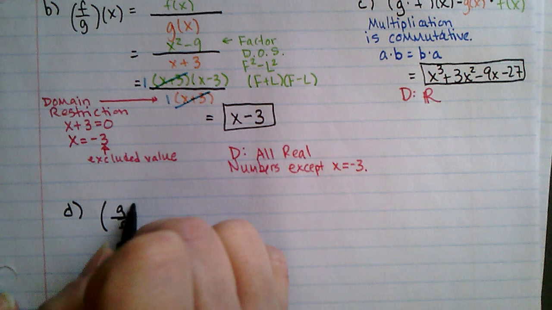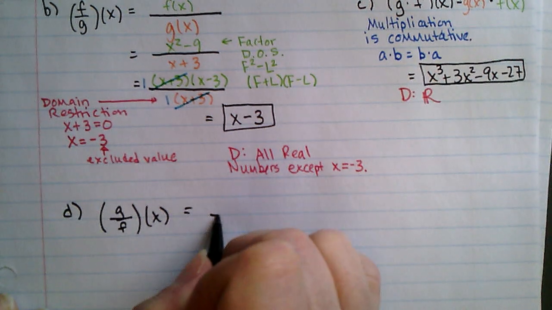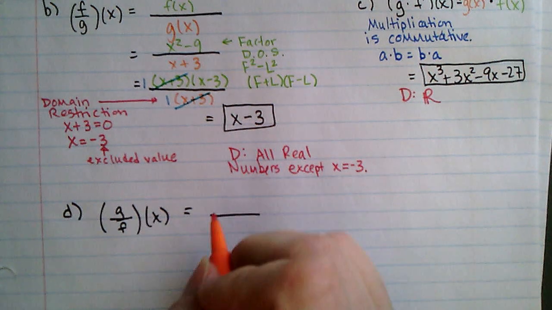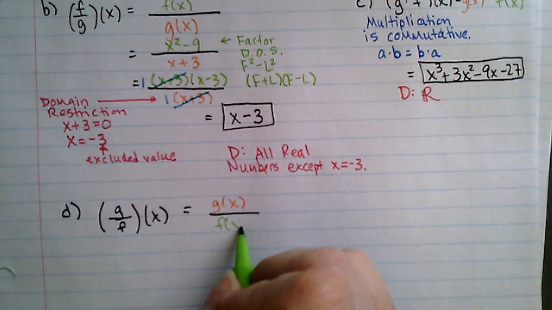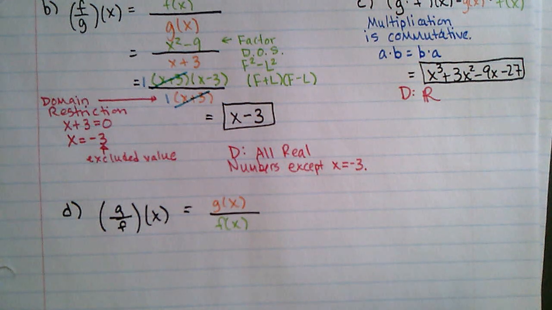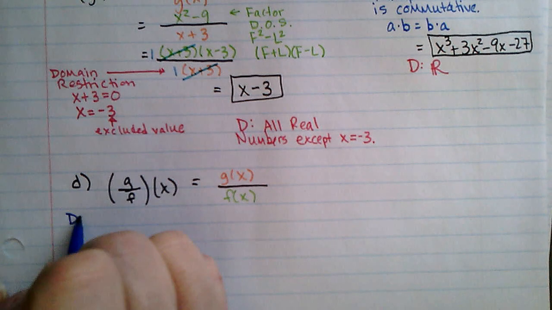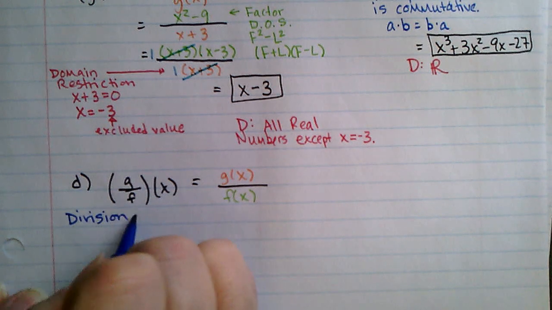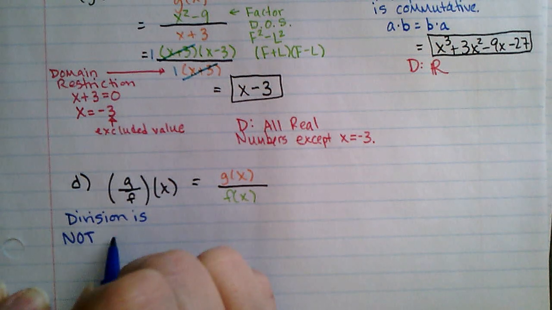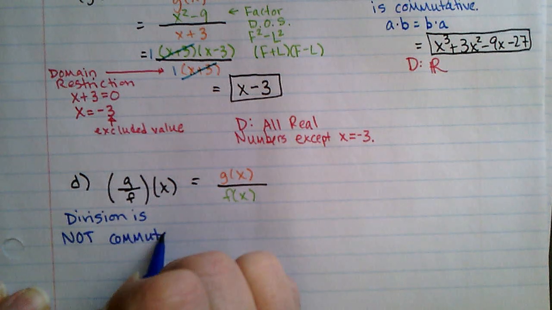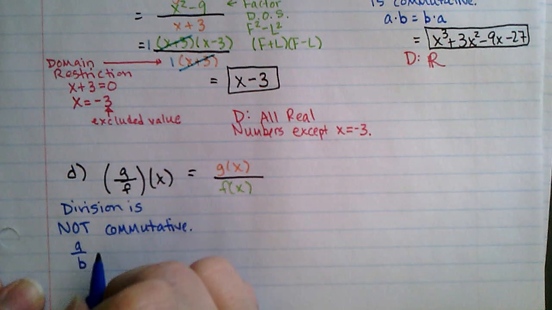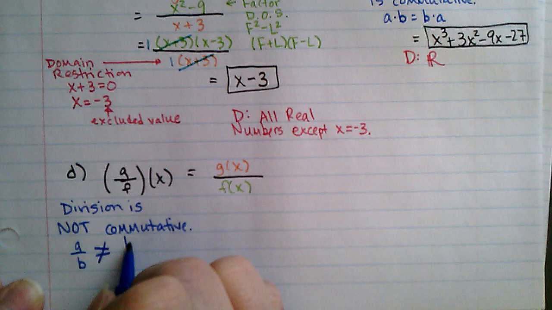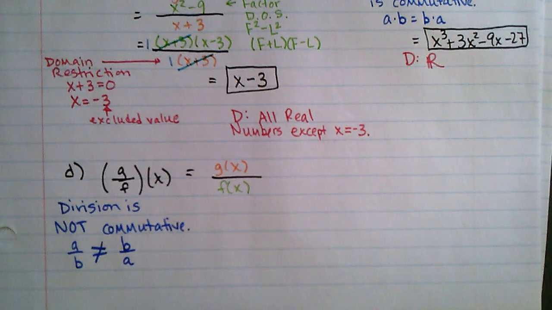G over f of x, which means that we're taking g of x and dividing it by f of x. Now, just like subtraction, division is not commutative, which means a over b, or a divided by b, is not the same thing as b divided by a. So we actually have to do this problem.